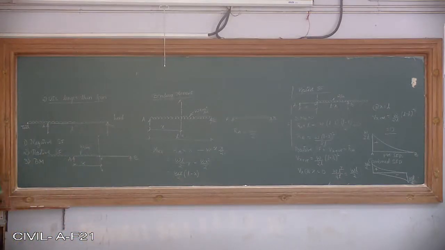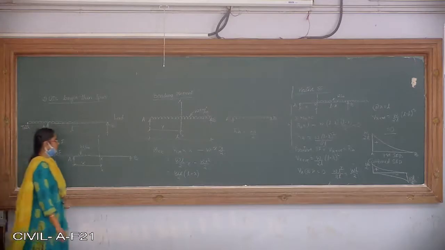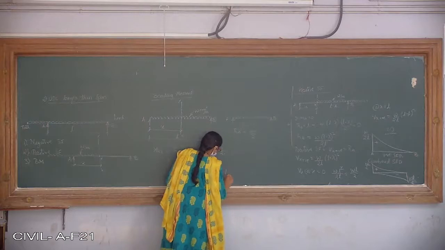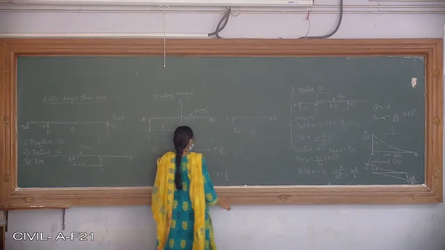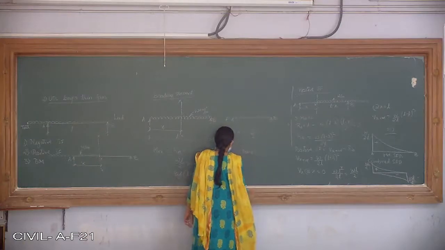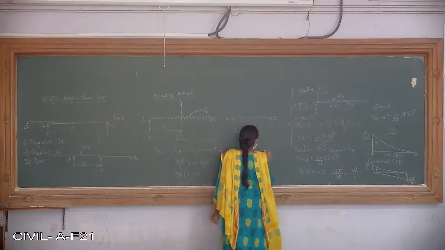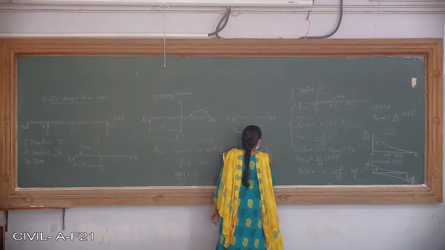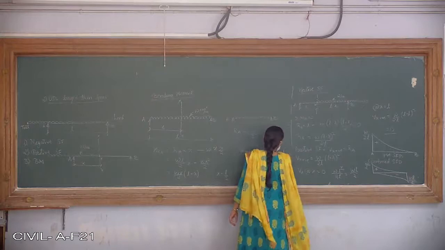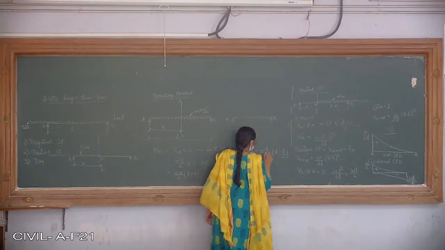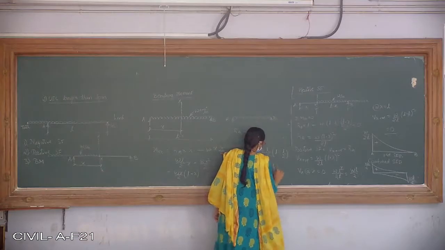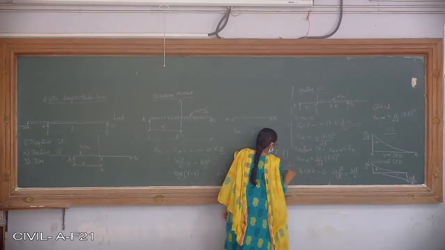If I substitute the value of x as x equal to L by 2, what do I get? M max is equal to W by 2 into L by 2 into L minus L by 2, that is WL by 4 into L by 2, W L square by 8.